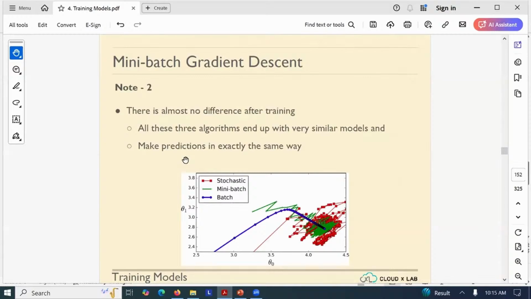After training, in the final model, we will get the same solution, right? All these three algorithms end up with a very similar model.